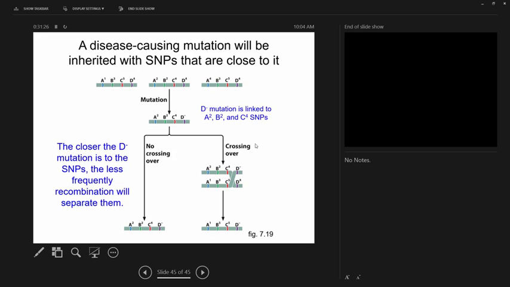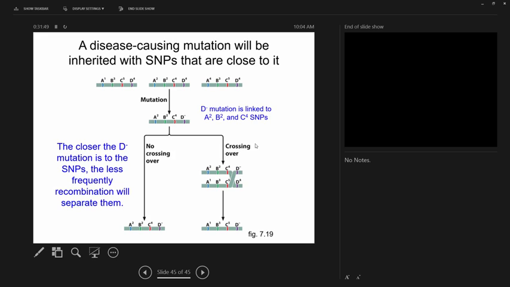And likewise, E, F, G, H, I, stuff on the right-hand side, you would know that D is closest to C and E, so that you know exactly where to look. So if you get crossing over like this, then you're good.